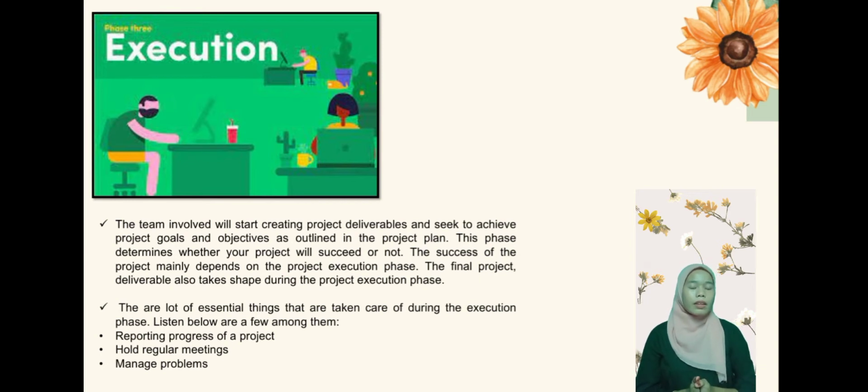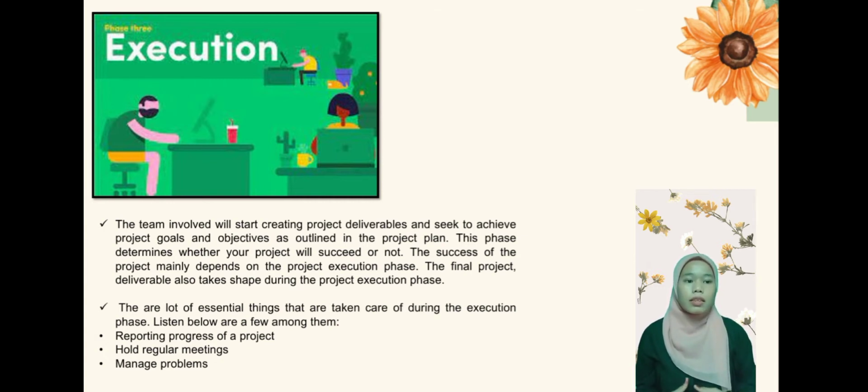Okay, the next step is the execution phase. The team involved will start creating project deliverables and strive to achieve project goals as outlined in the project plan. This phase determines whether your project will succeed or not.